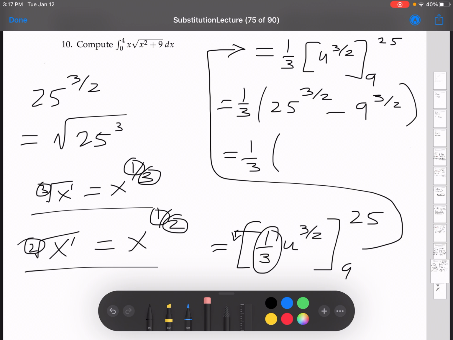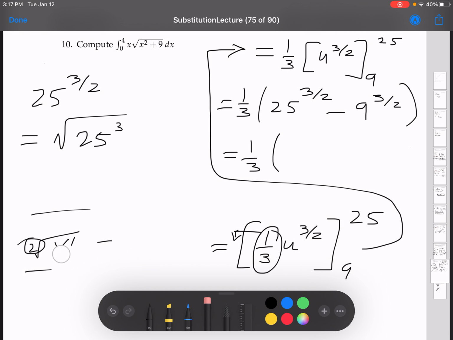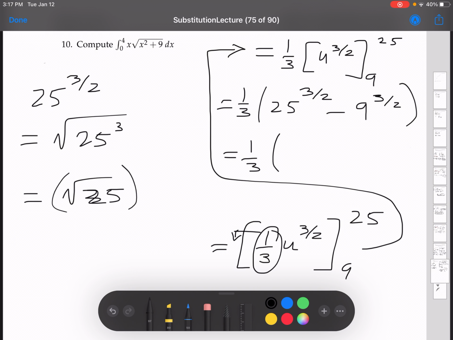Now, in this instance, you can write this as the square root of 25, the whole thing cubed. All right, and so then the square root of 25 is 5.